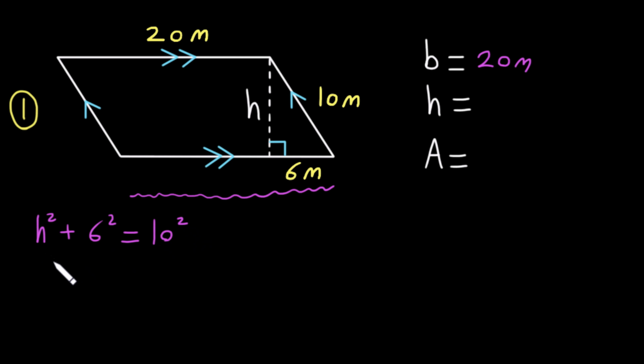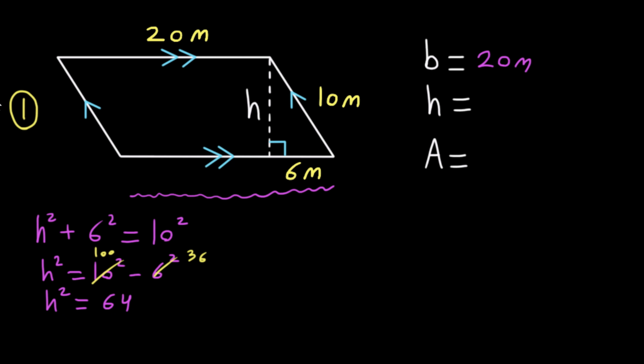Now we can find h by taking this to the other side, so h square equals 10 square minus 6 square. 10 square is 100, 6 square is 36, so 100 minus 36 is 64.